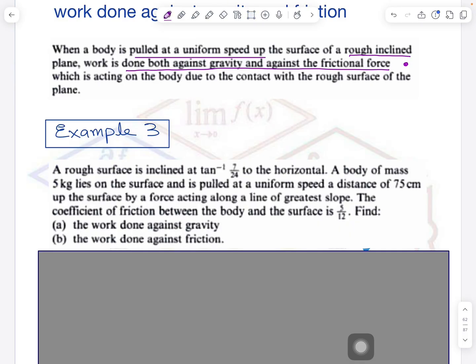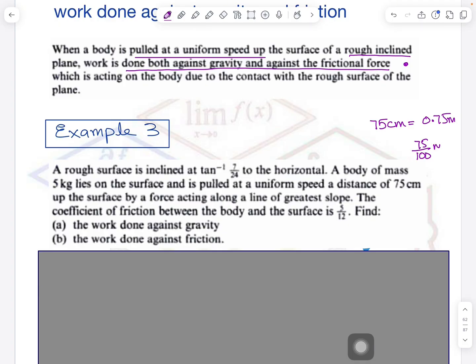We have seen in work done, when we put distance, we write it in meter. So we will convert this 75 centimeter into meter, so it will become 0.75 meter. Correct. Or we can write 75 divided by 100 meter, whatever you can write.